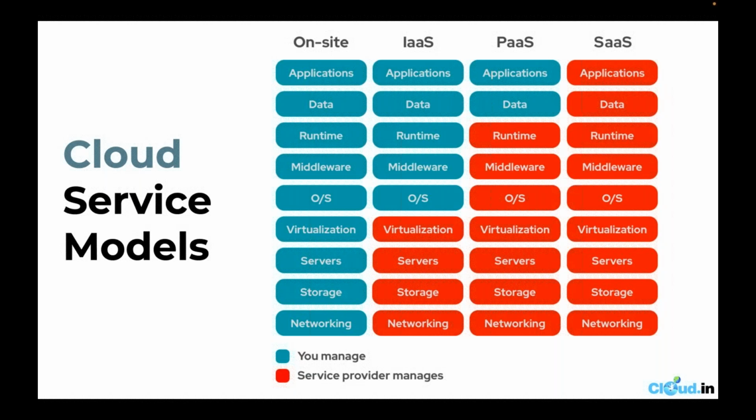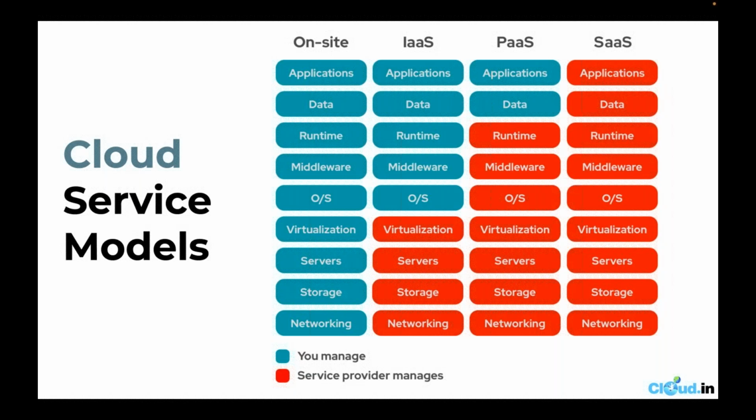Moving on, the easiest service model that cloud computing provides us is software as a service. Over here, all the aspects are being managed by the cloud service provider itself. From the applications to the networking, the cloud service provider will provide you with a completely built application.